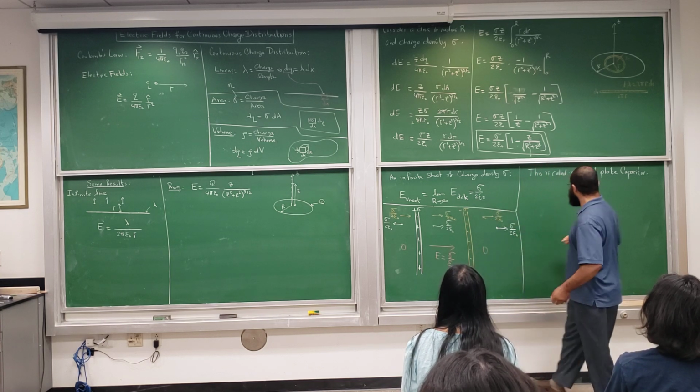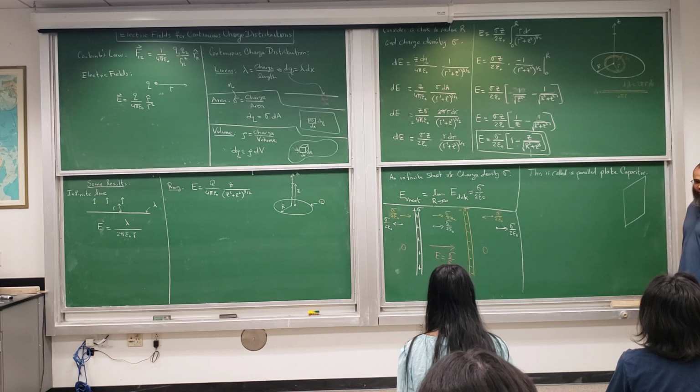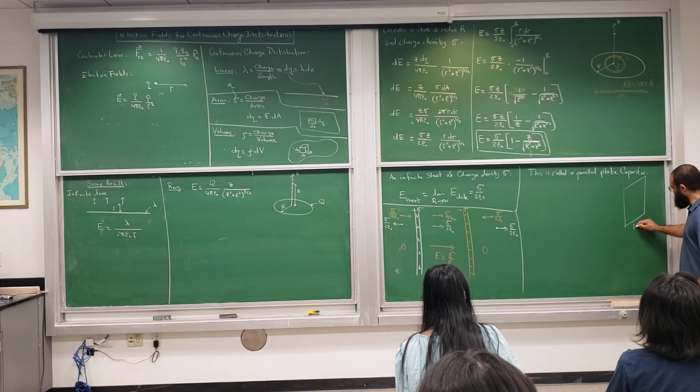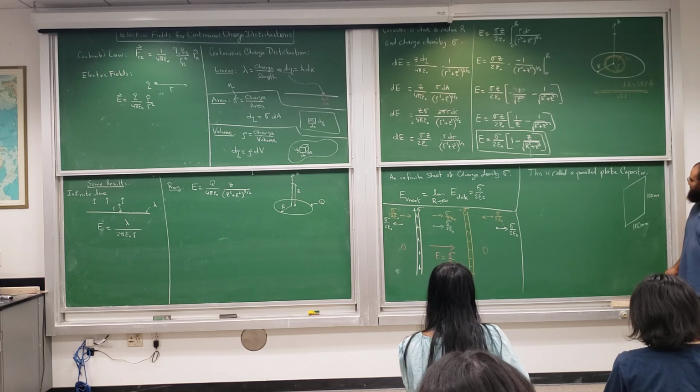So for example, here is an example of a parallel plate capacitor. Here is a sheet. In fact, we'll do an example with this. Let's say it's 10 centimeters this way, or 100 millimeters, and it's 100 millimeters this way. Right? 10 centimeters is 100 millimeters.